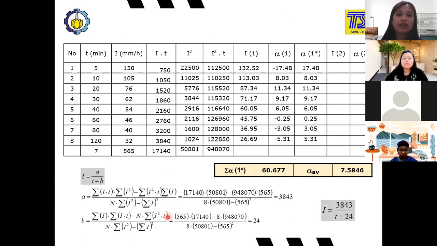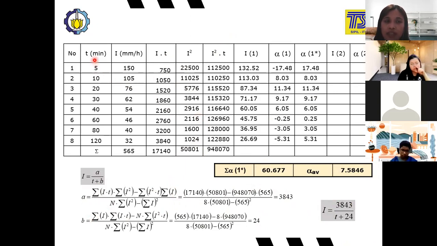So here we have the Talbot equation: rain intensity equals A divided by T plus B. Here we have to calculate A and B first. That's the complicated thing. Compared to Mononobe, where we don't have to calculate the constant. That's why I use Talbot as an example.